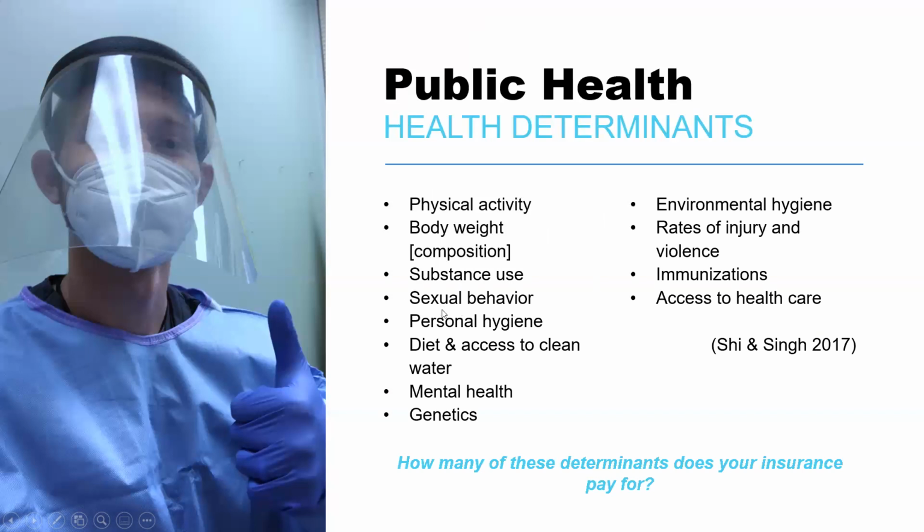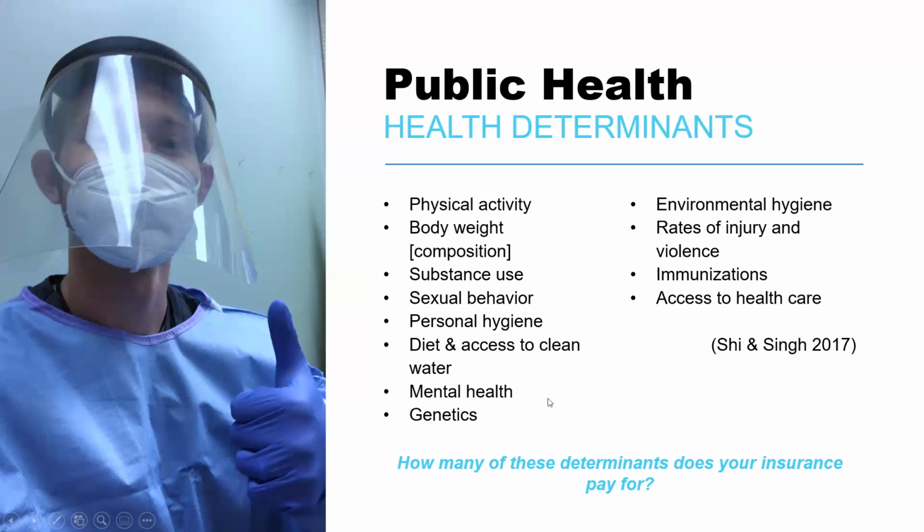So some insurance companies will pay for contraceptives and maybe mental health. They might pay for genetic testing, but they can't really pay for genetics. And then they mostly cover immunizations and maybe will indirectly influence your access to healthcare. But the main thing here is immunizations.